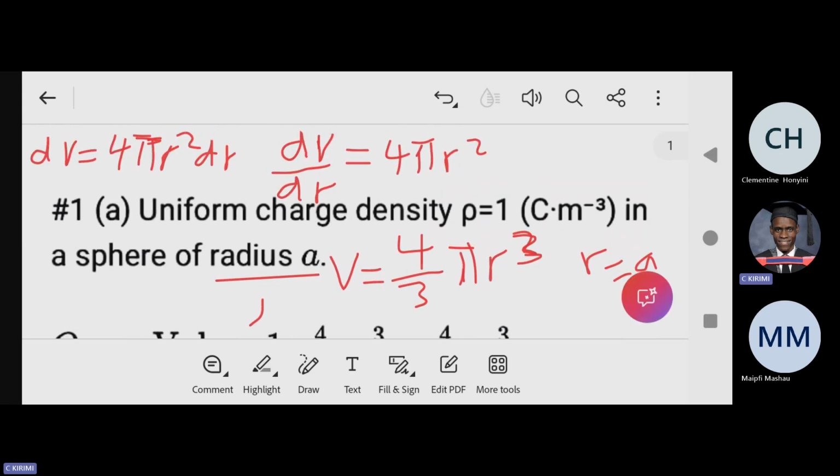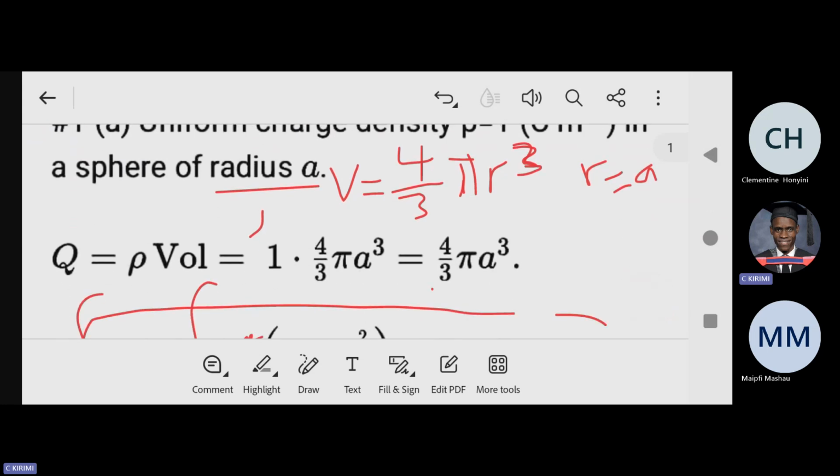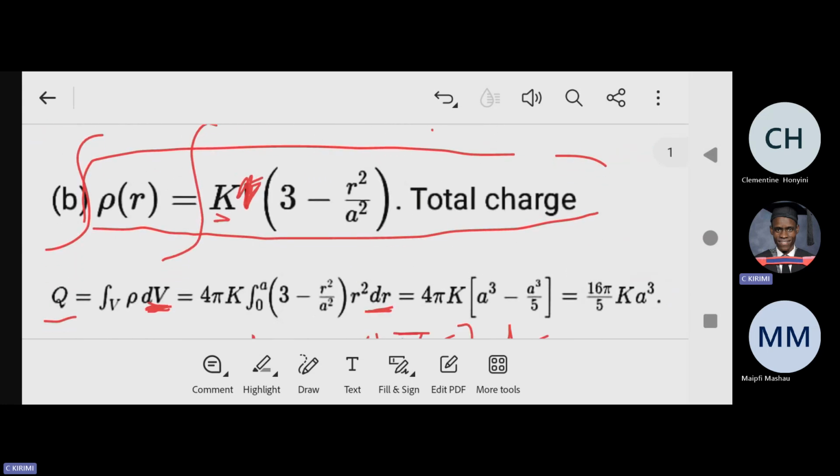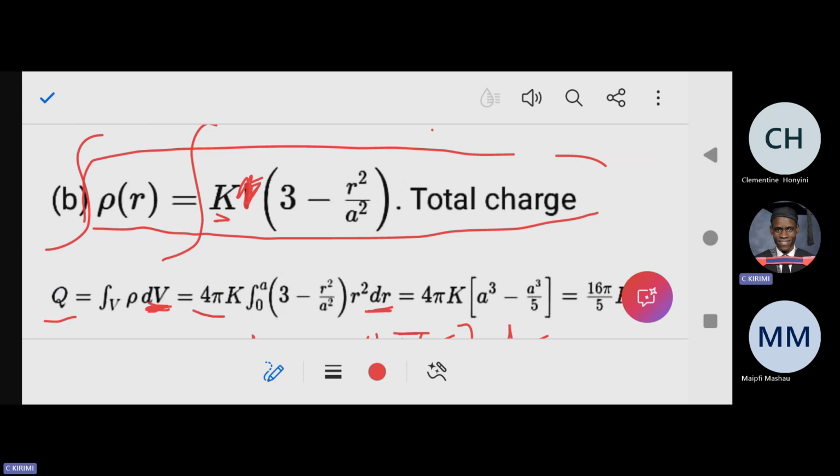Instead of writing dV, they replace dV with 4 pi r squared dr, so that we can integrate with respect to r, since we are already having r there. Any question?